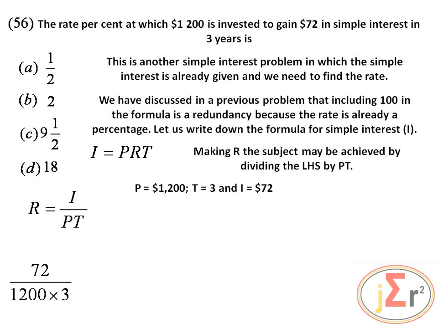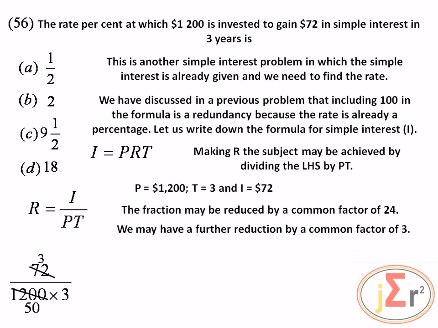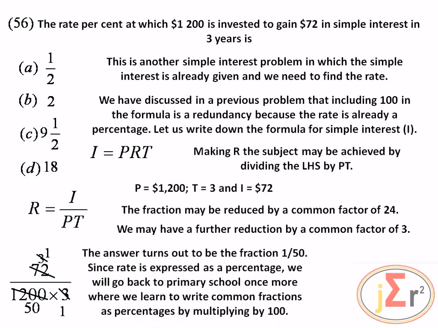Those will be substituted into the expression, and that is the result that we have, which we will of course reduce by common factors beginning with 24. So we say 24 into 1,200 is 50, and 24 into 72 is 3. There we have 3 as common factors, and we'll no doubt reduce by a common factor of 3 also. The answer turns out to be the fraction 1/50th.